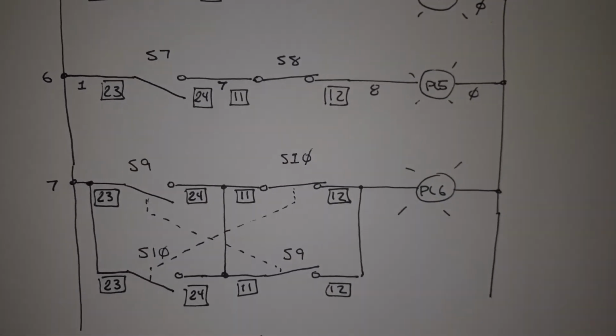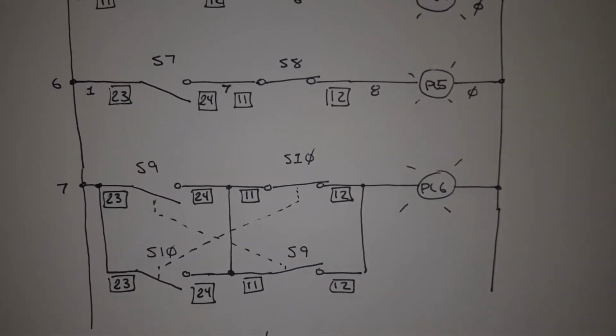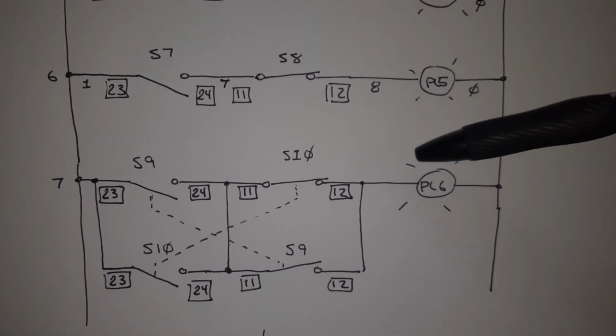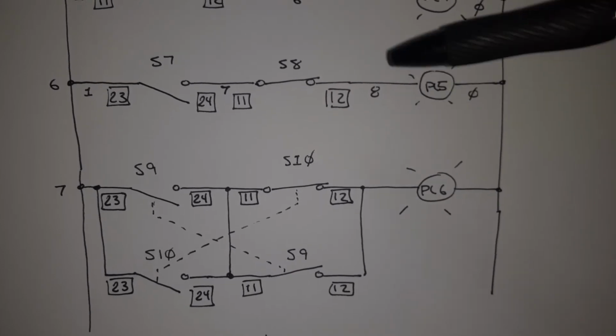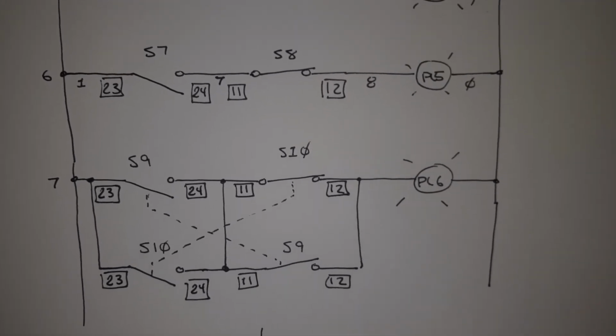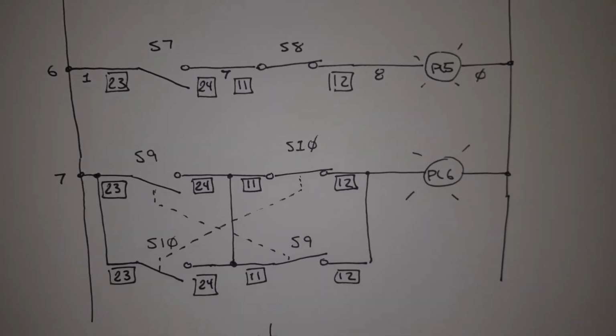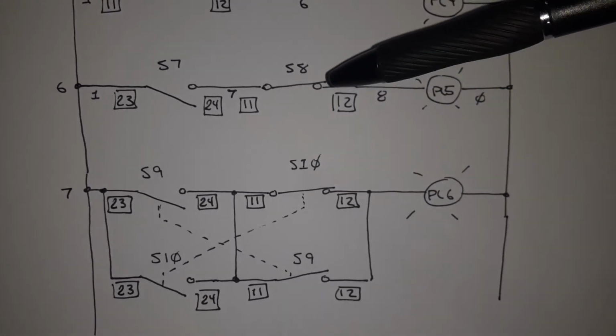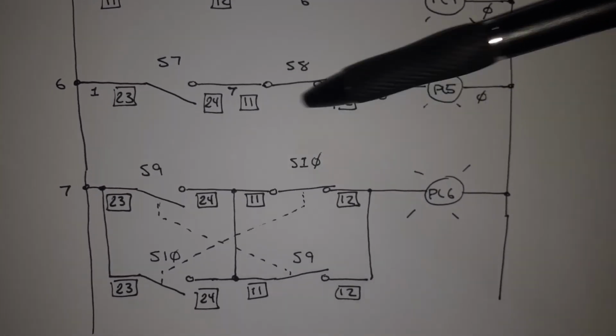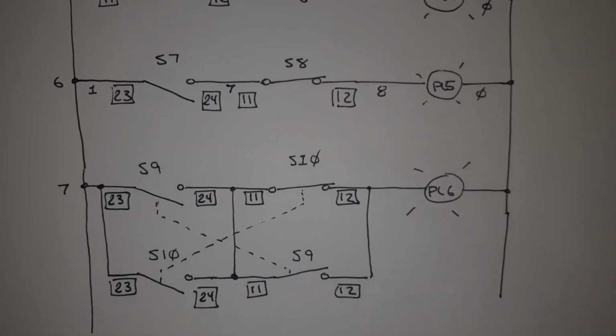So when we talk about relay logic, we're talking about using relay contacts to make simple combinational logic decisions. Now this type of logic kind of reacts. If the switch turns on or off, the output turns on or off.